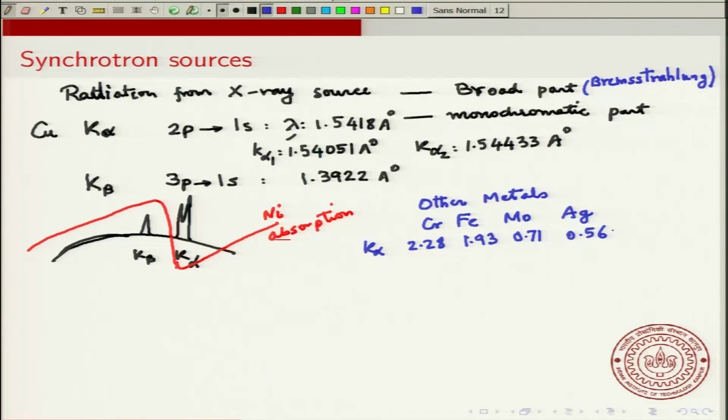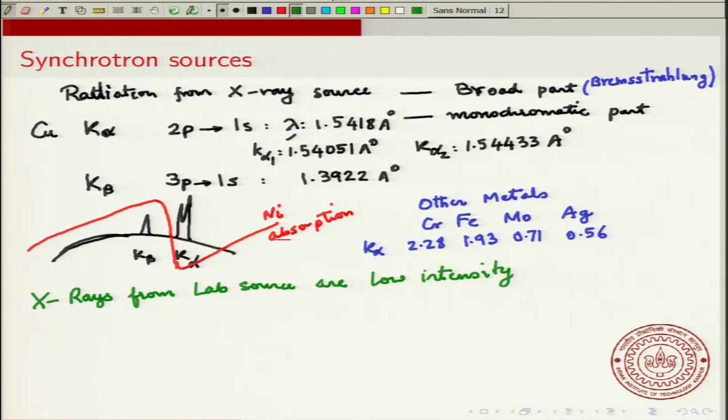So, this is a source of the X-ray radiation, but these X-rays that you generate using a typical laboratory source are low intensity. And so, if you want a really high intensity source, then you can use what is called a synchrotron source.